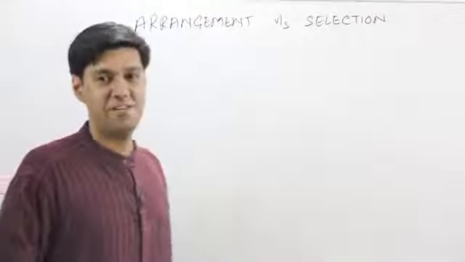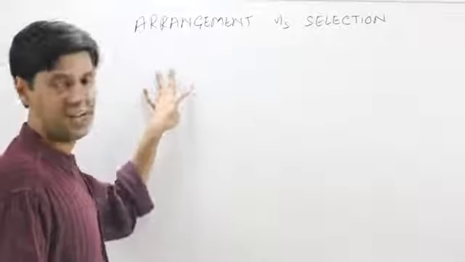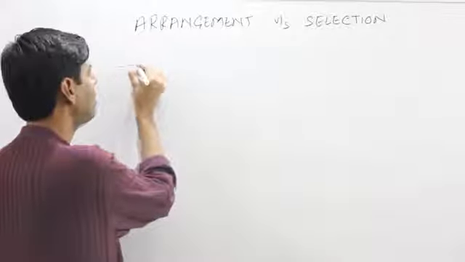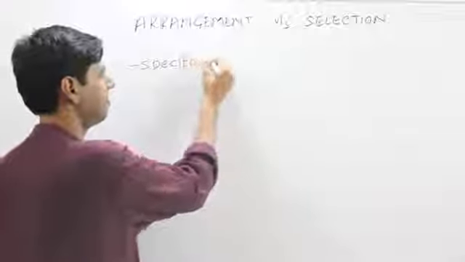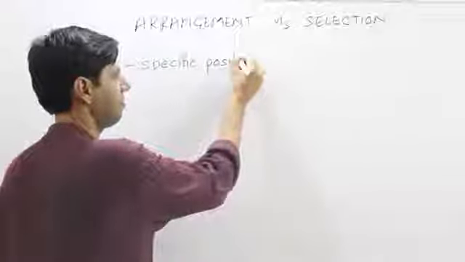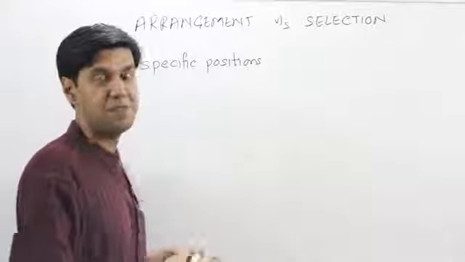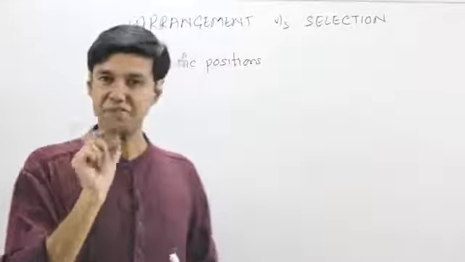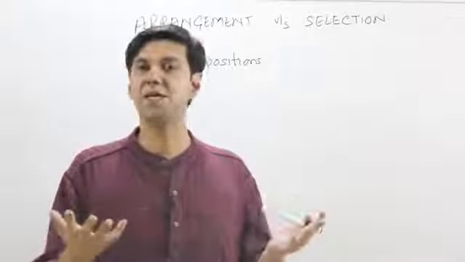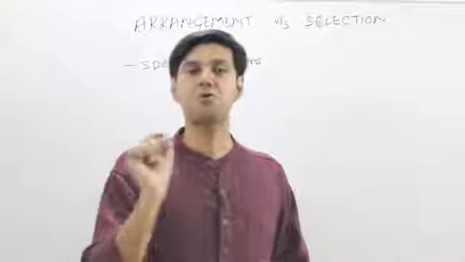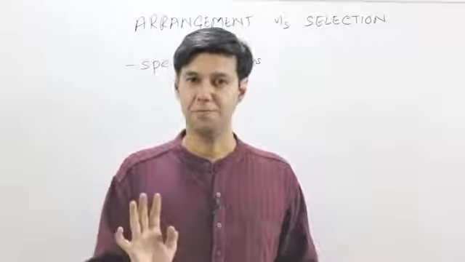The essential difference is that in an arrangement, we have specific positions. That is, the positions either have a name for them or they could be described differently, but each position is distinct from the other position.